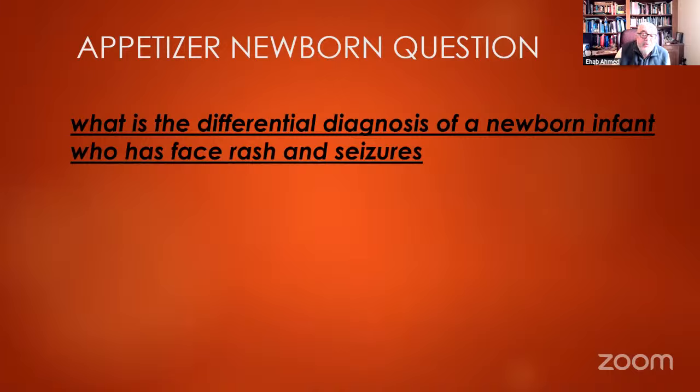Sturge-Weber is under neurocutaneous syndromes. You see what I mean? Okay. So if we go by infection, what types of infections can cause a rash on the face and seizures?